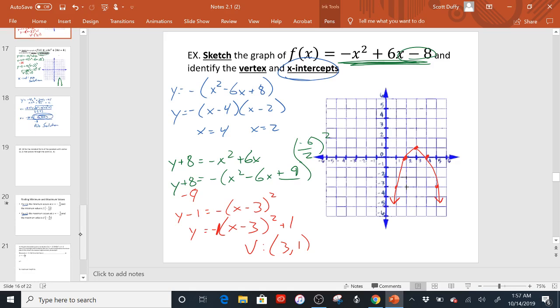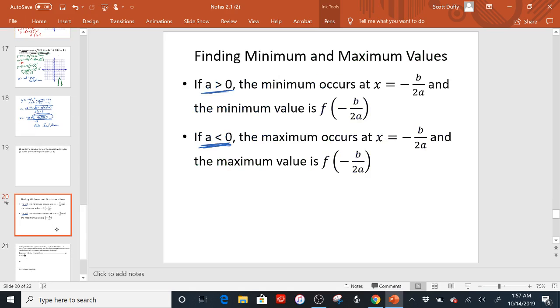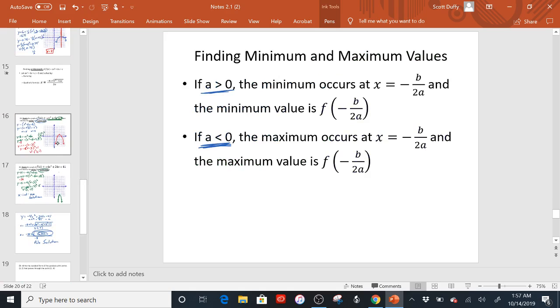Instead of doing all that work to do the completing the square, which is totally fine, you could also do, let's say, I'll take an example that we've done before.